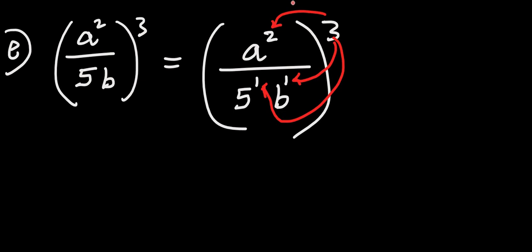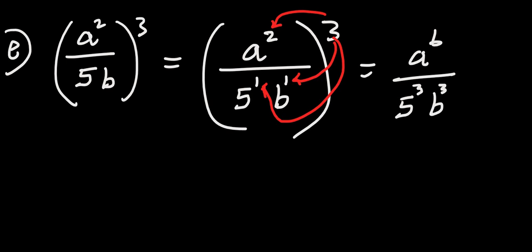Now this will become 3 times 2 is 6, so this will become a exponent 6 over 5. 3 times 1 gives you 3, and 3 times 1 again gives you 3.